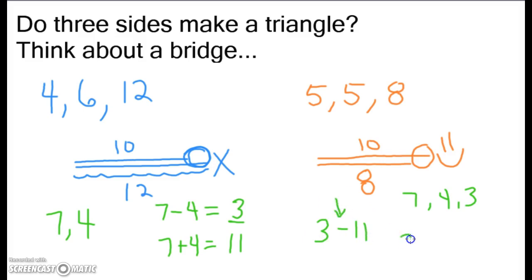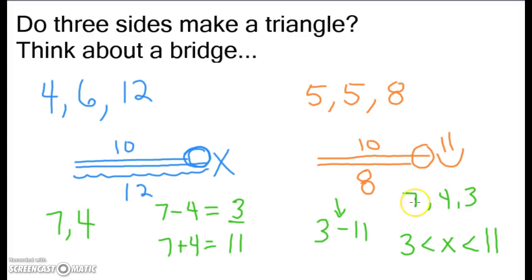And you might see that written like this: 3 is less than x is less than 11. What this means is that x needs to be bigger than 3 and x needs to be smaller than 11.